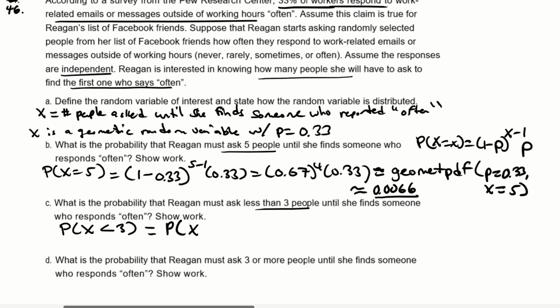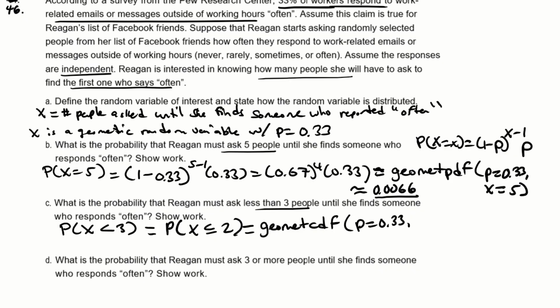Okay. If it's less than 3, then it's less than or equal to 2. And then we can use the geometcdf function. CDF is for less than or equal to, guys. So you got p equals 0.33, and x is equal to, now we're going to use 2.